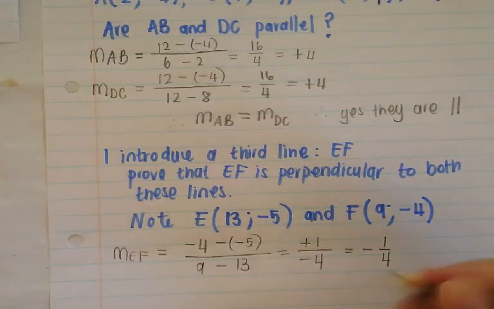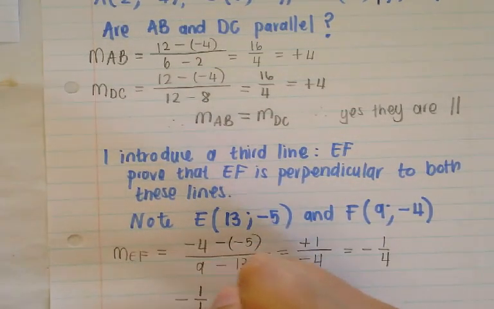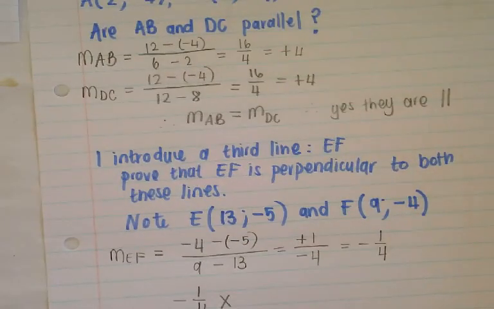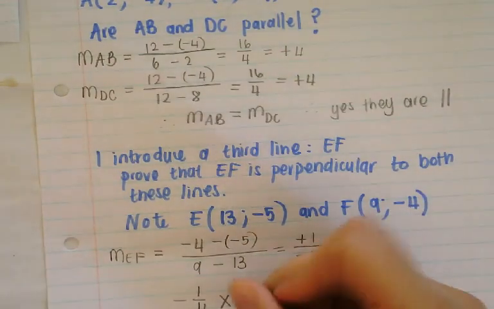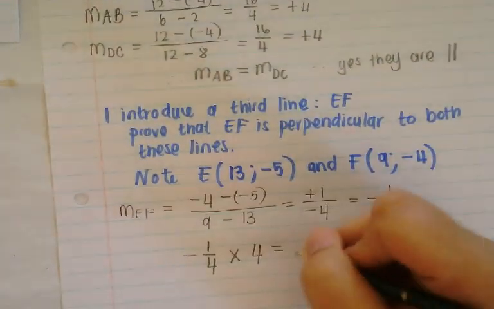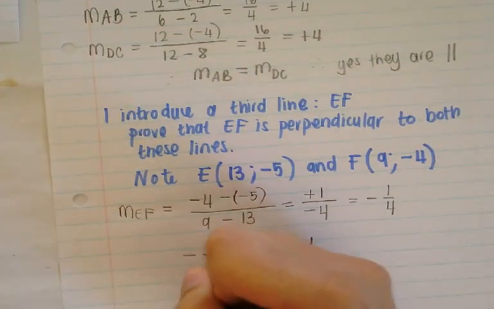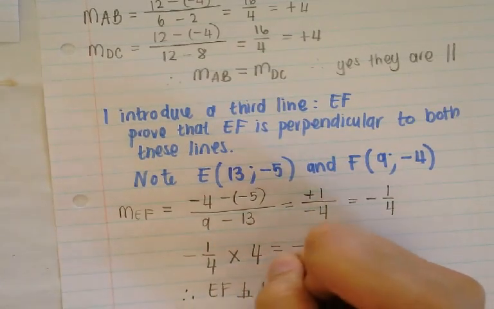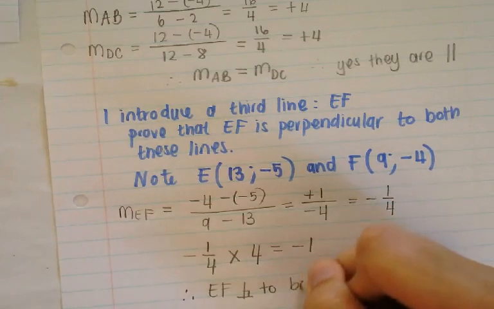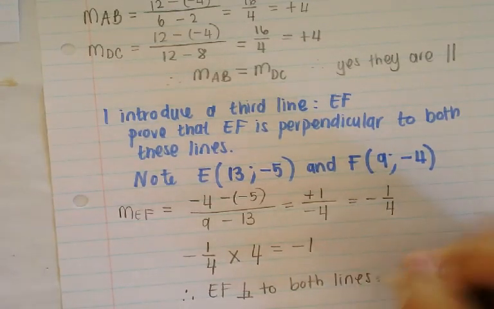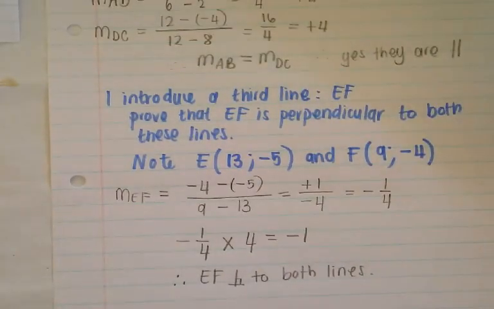So I'm going to say negative 1 over 4 times any gradient from AB or DC. My answer is negative 1. Therefore, EF is perpendicular to both lines. If that answer was not negative 1, then it would not be perpendicular.